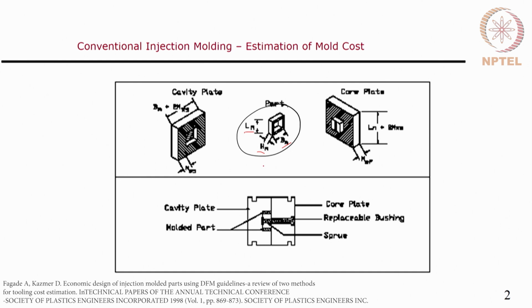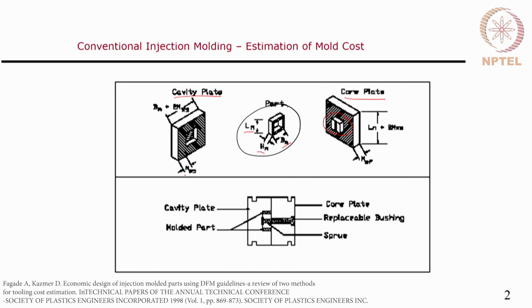These dimensions decide the wall thicknesses and other dimensions of the core and cavity plate, which are the two halves of the mold. The cavity plate is the side of the mold where the part gets injected, and the core plate has features for creating the features on the component.